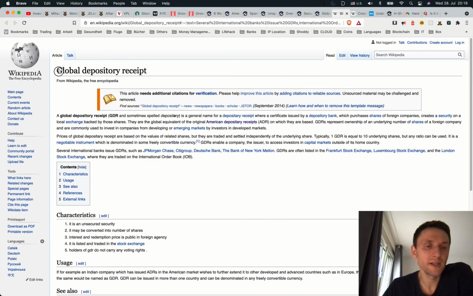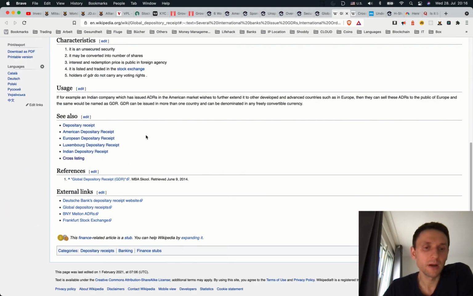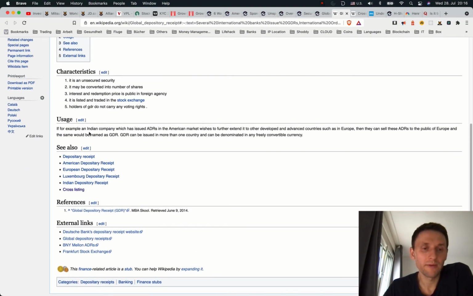So for better understanding of Global Depository Receipt, we take this example. We have an Indian company which is already present in the American market through ADRs, and this company wants to further expand into some other developed countries such as in Europe. And this company could easily do it through selling their shares to the public of Europe, and the same would be named as GDR.